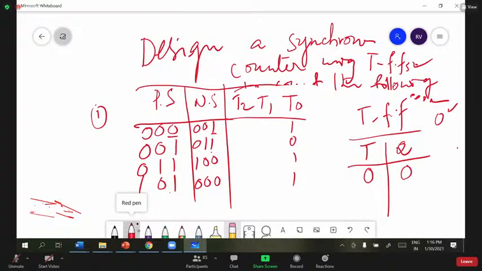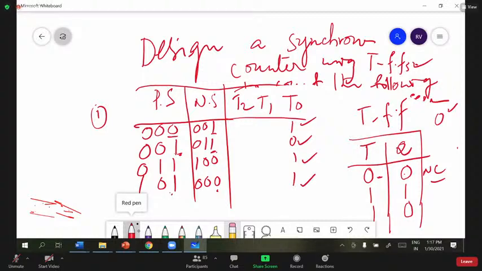No change condition. When T input is equal to 1 and the previous output is 0, you will get 1. If the previous output is 1, it will be 0. So if T input is equal to 0, nothing is changing, no change condition. That's why here this is 1 and this is also 1. Nothing is changed. That's why I put this as 0. 0 has become 1, this is 1. Like this I wrote.